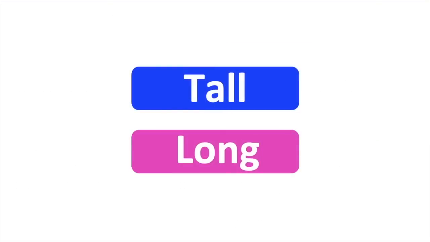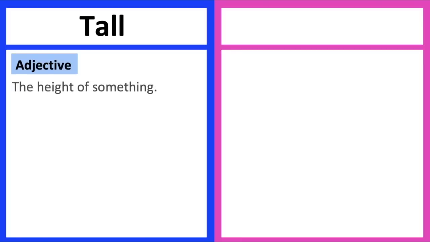Tall, long. Tall. Tall is an adjective and it refers to the height of something. So this is the vertical length of something that's usually standing and is above average. So it's described as being tall.